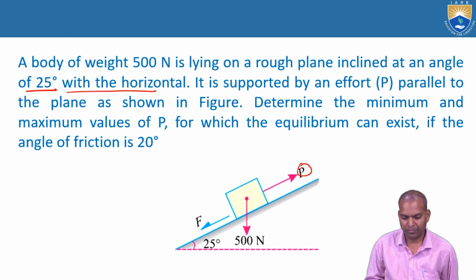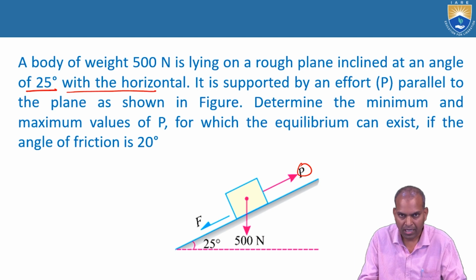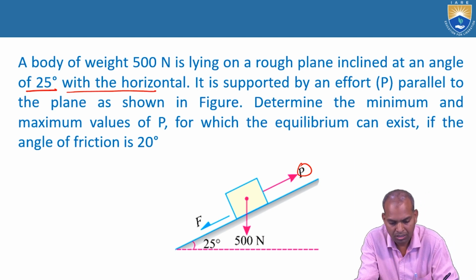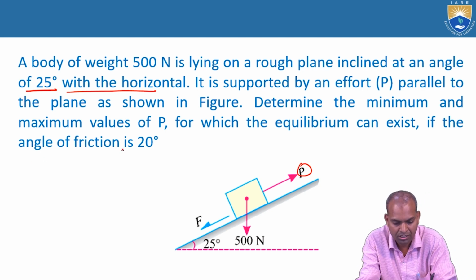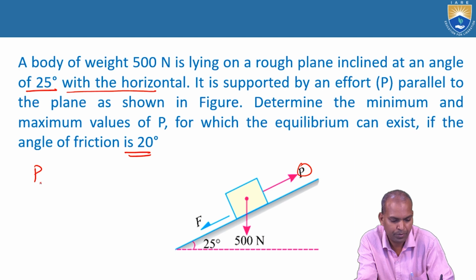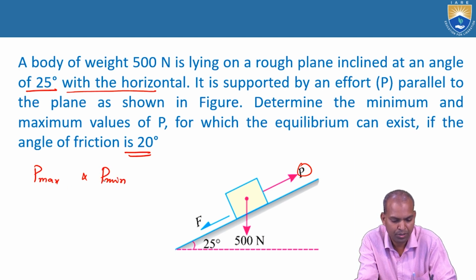If the angle of friction is 20 degrees, here in this problem we have to find out P maximum and P minimum. Okay, P maximum and P minimum are to be calculated.